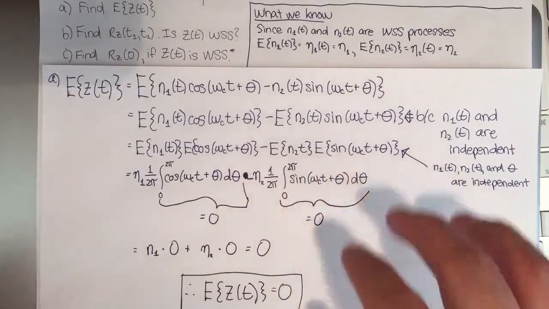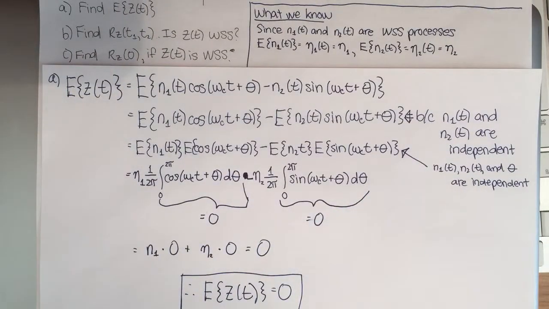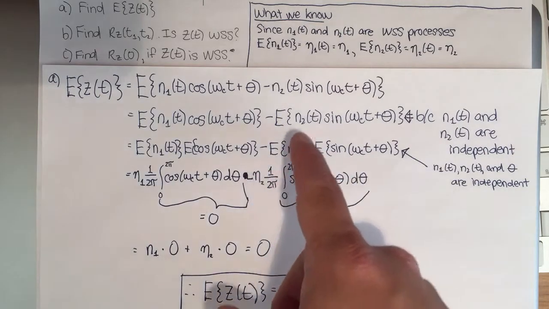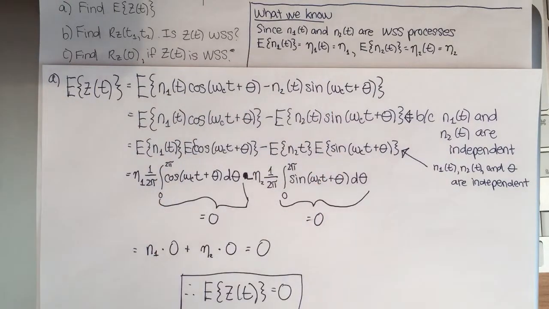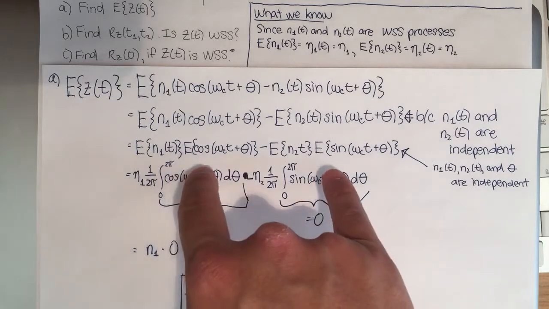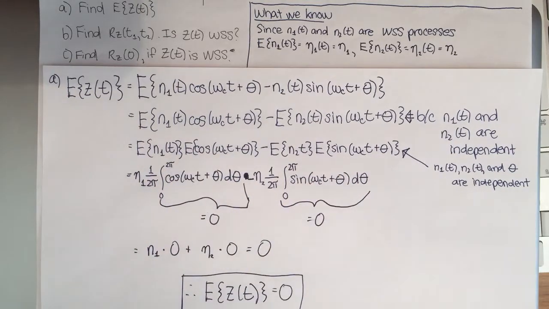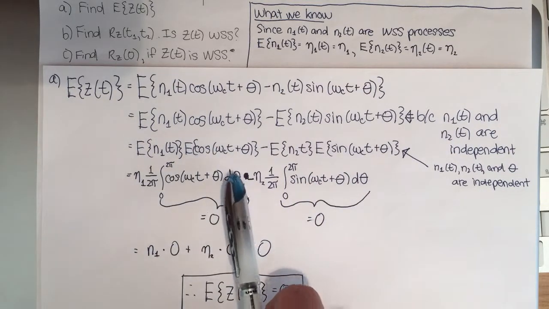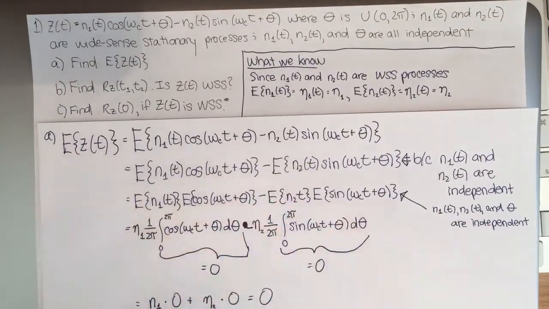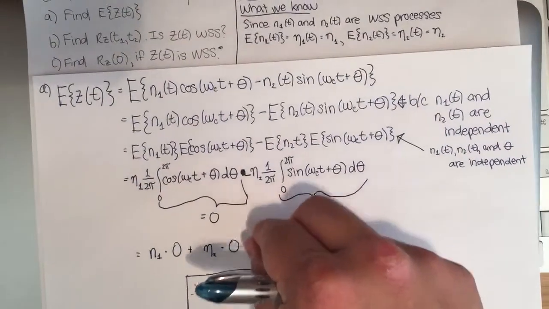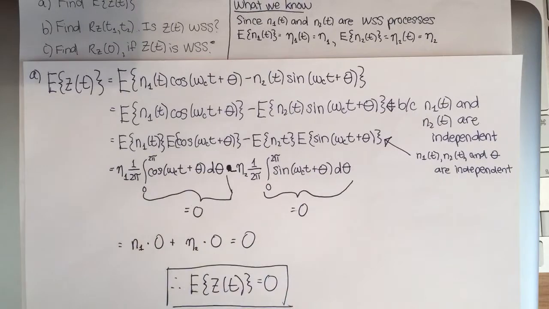Once we do that, since they're independent, I can separate them into separate expected values, and the same thing over here in the third row. I can do that again with theta, because in the beginning of the problem they said that n1 of t, n2 of t, and theta are all independent.